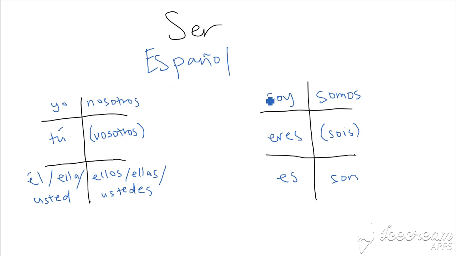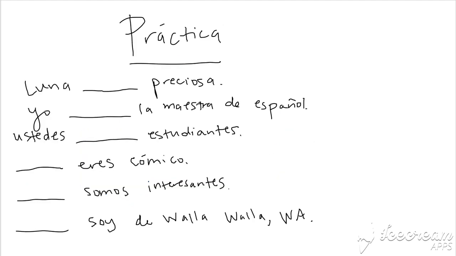So yo soy, I am, tú eres, you are, él es, he is, ella es, she is, usted es, you formal are, nosotros somos, we are, vosotros sois would be y'all are, but we're not going to use it, and then ellos son, ellas son, ustedes son: they are masculine, they are feminine, you all are.